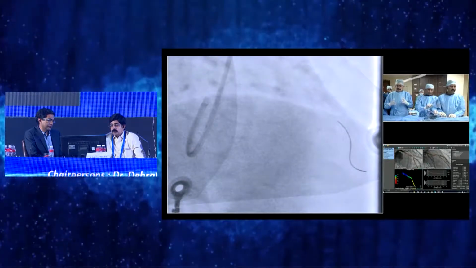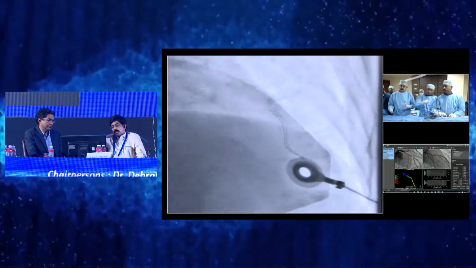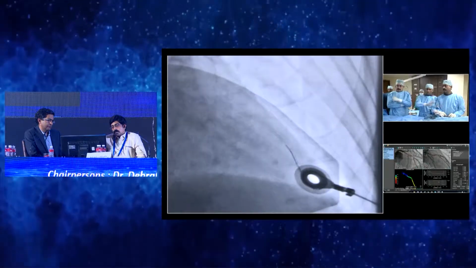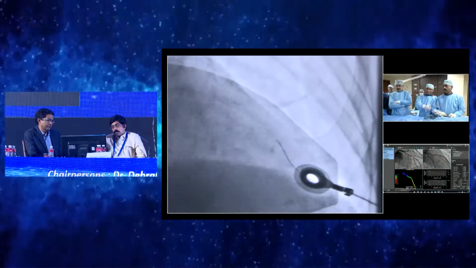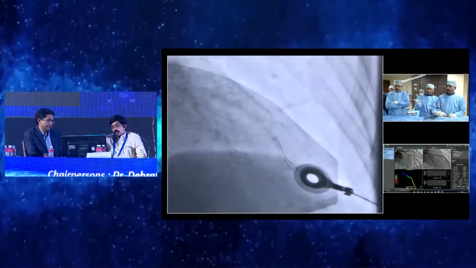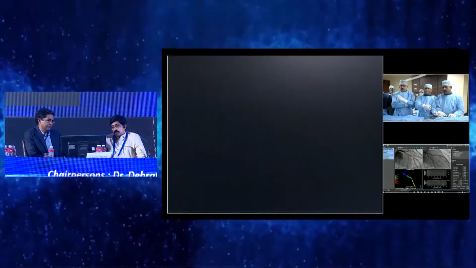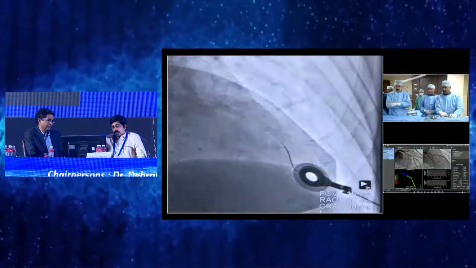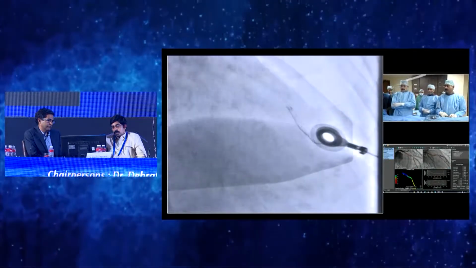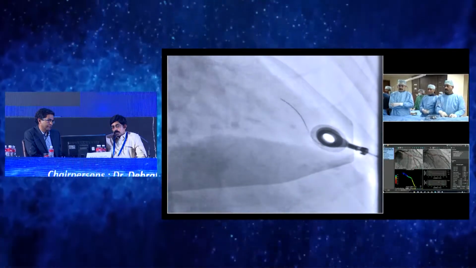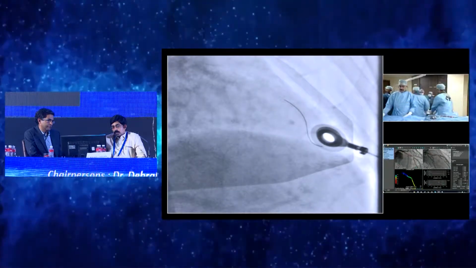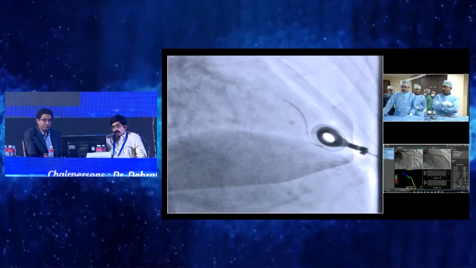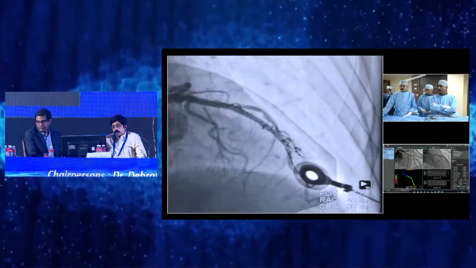Then we take 2 orthogonal views, and the machine calculates the QFR. The advantage is it gives you a segmental QFR as well, so you will know which area is tight and what the value is at each point. It's a very good technique which, if it validates to that level, may be a good alternative to FFR in most situations.